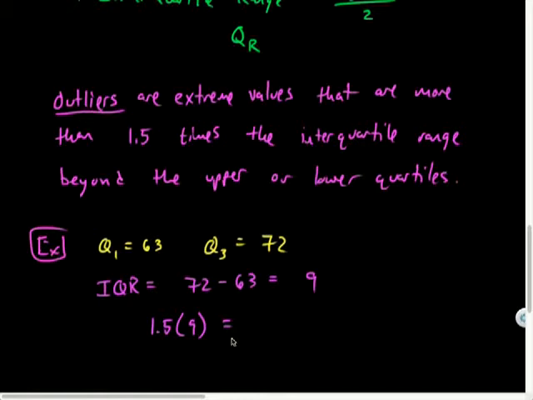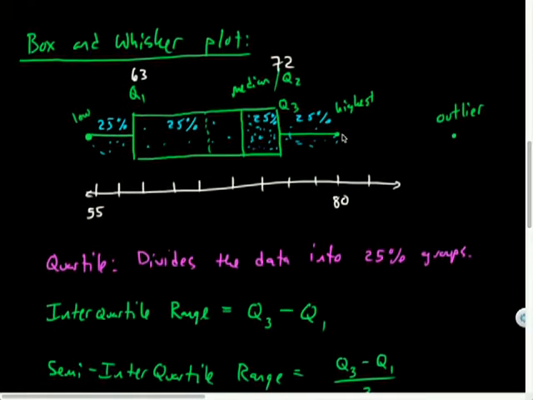I'll give it as a decimal: 13.5. So 13.5 units beyond the upper or lower quartile. I want to point out visually, it's not beyond this value, it's beyond this value. So 1.5 times the interquartile range from there, and 1.5 beyond the interquartile range from there.